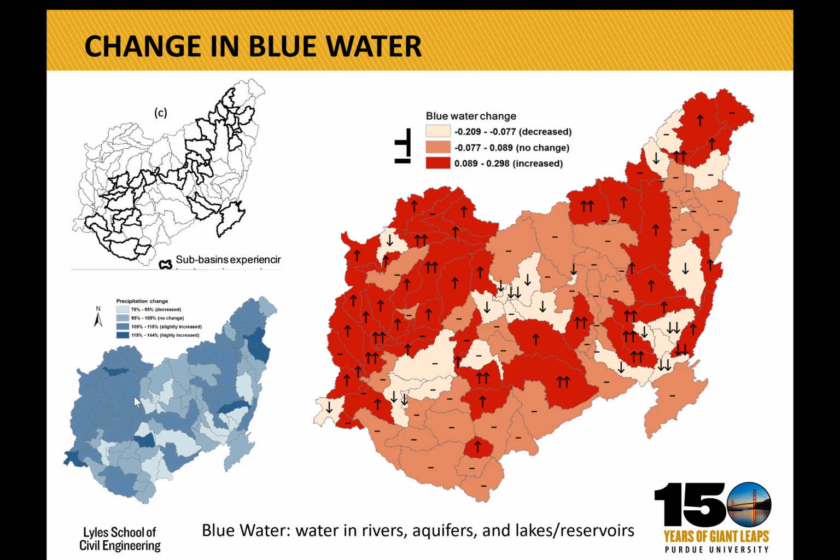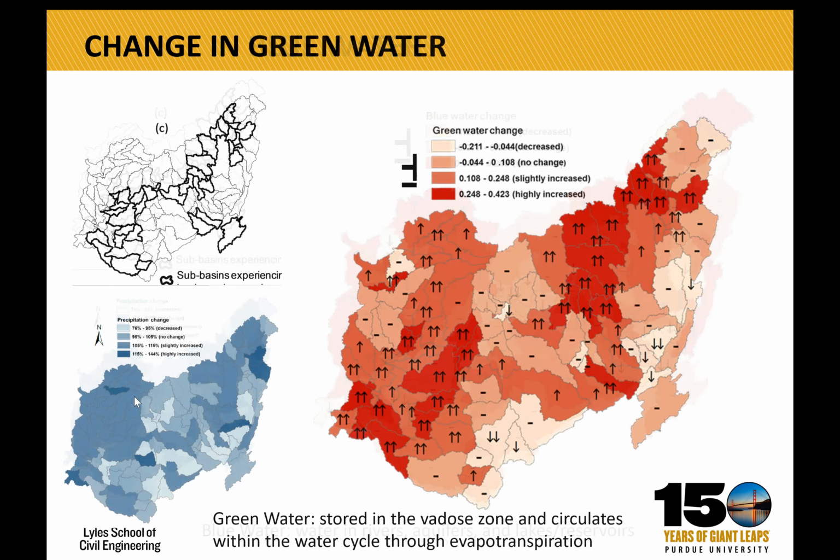And then let's see how the green water has changed. So green water is that water that is stored in the subsurface and it circulates within the water cycle through evapotranspiration. So again you can see in the upper region we have increased groundwater.